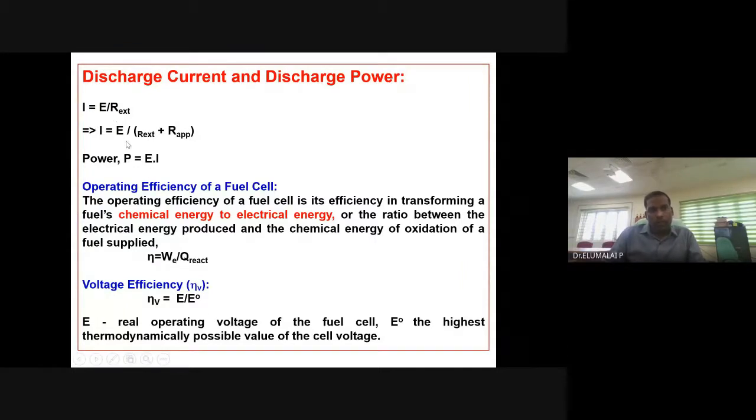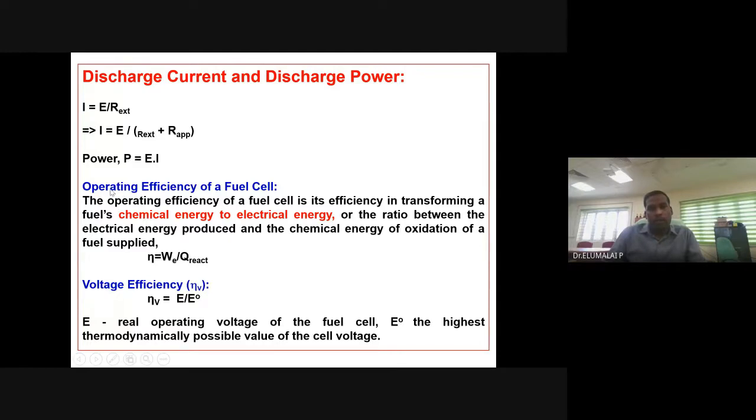So current, voltage, and power, you know. What is the operating efficiency of your fuel cell? We know Faraday efficiency for a battery or supercapacitor, maybe fill factor in a solar cell.